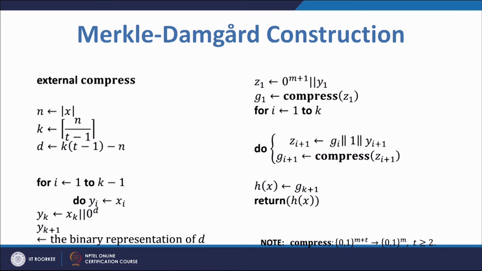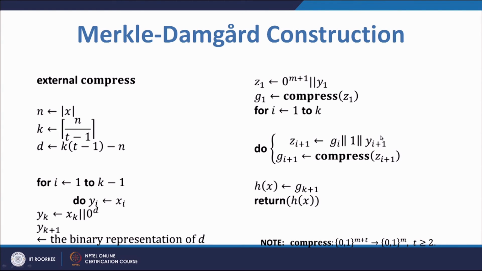Now, after I have got g1, I go into a loop from i equal to 1 to k. Here I will concatenate 3 segments. I will have gi, which is of length m, then a buffer kind of thing with 1 bit, that is 1, concatenated with y_{i+1}.